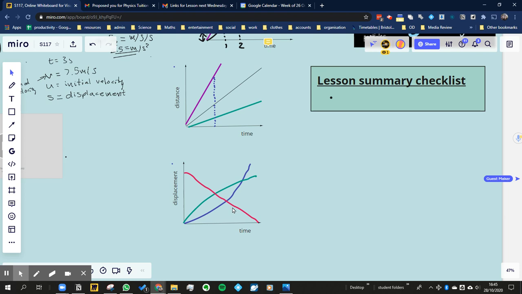But really, we're talking about displacement then, because we're including a direction. And so this would be a displacement time graph. So the only way you can make displacement go down is by going backwards. So the description of the pink line would be constant velocity, because it's still a straight line, but backwards.